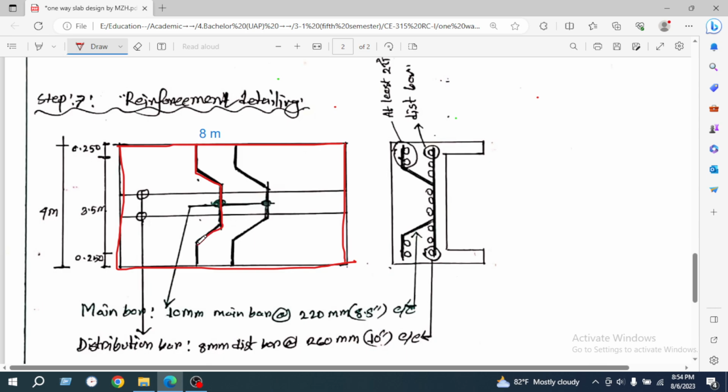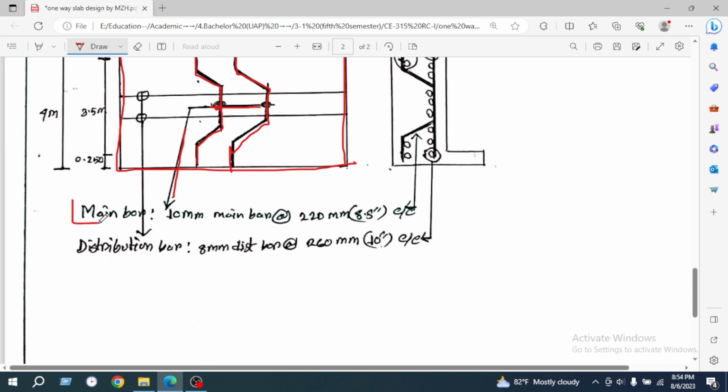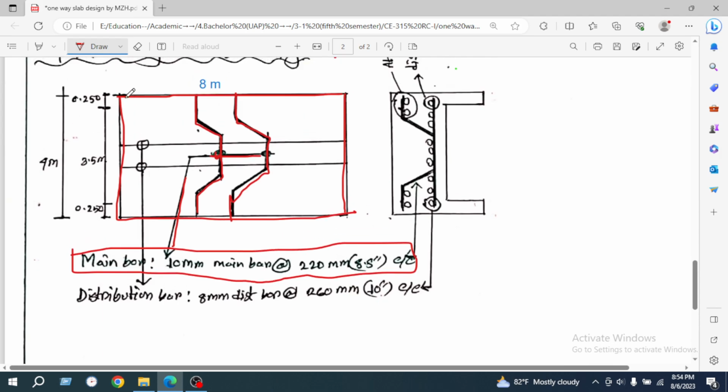This is our main reinforcement. We have used 10 millimeter main bar at the rate of 220 or 8.8 inches center by center. The main reinforcement bar must be used in the shorter direction.